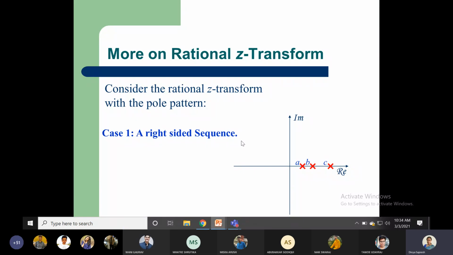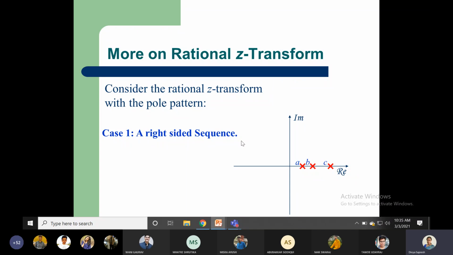So we have studied earlier that for a right-sided signal, the region of convergence is always greater than a circle with radius r. The region of convergence for a right-sided signal is greater than that of the circle with radius r, whereas for a left-sided sequence, the region of convergence will always be less than the circle with radius r.